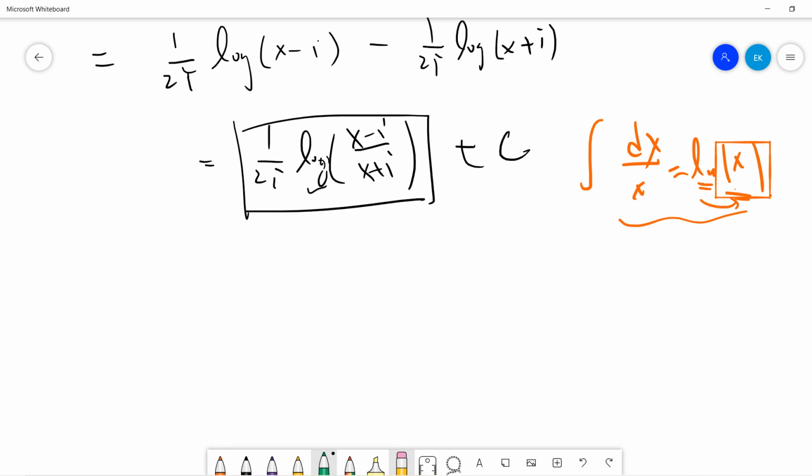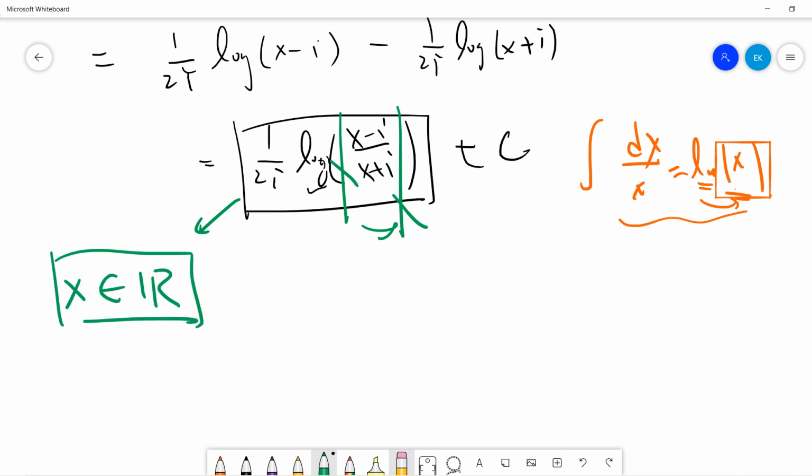But in general we are working with complex numbers, so you cannot add the absolute value here. The key idea to shorten this expression is to use the fact that x is still real. So one can write x minus i in polar coordinates as r times exponential of minus i theta.